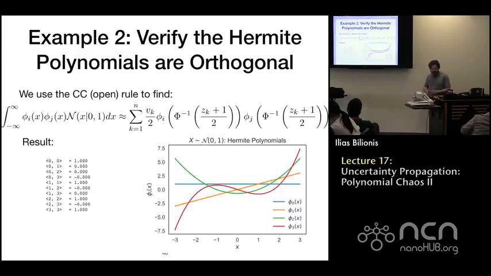All right, and let's use this idea to validate the Hermite polynomials, which are the polynomials that are orthogonal with respect to a Gaussian. Okay? So the integrals that I want to calculate are phi_i, phi_j, times the probability density of the Gaussian. Okay, so this is my p(x), probability density of the Gaussian.